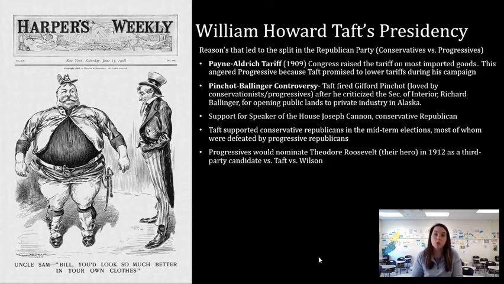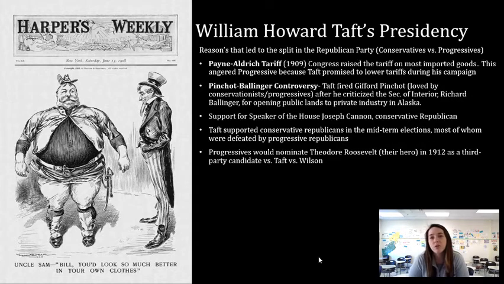Democrats and progressives wanted to lower tariffs to lower prices for people, because again, a lot of Americans are living in poverty during these years. And how they saw it is that the tariffs benefited the wealthy elite, and it hurt the working class people. That's a continuity that goes all the way back to what Jefferson and Hamilton were arguing about. Okay.